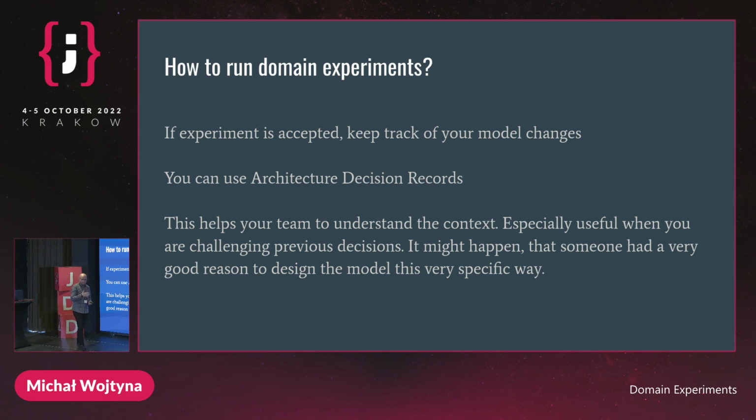And it might be especially interesting later on when someone tries to challenge the decision we've just made, and might think, OK, I need to change this model because it doesn't work like it should. But then you have the ADR, which tells you, we actually considered this change, but we didn't do it because of this and that. So it's usually a good idea to track it.